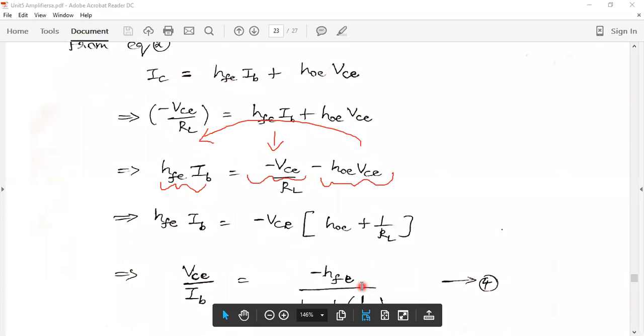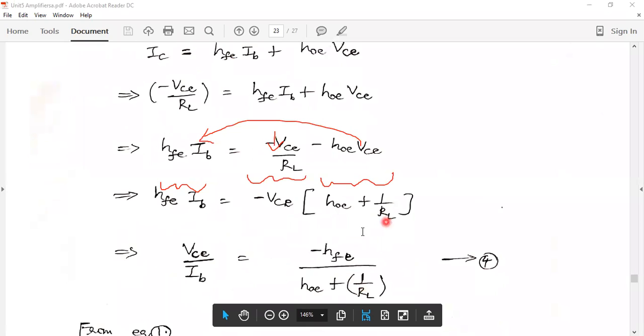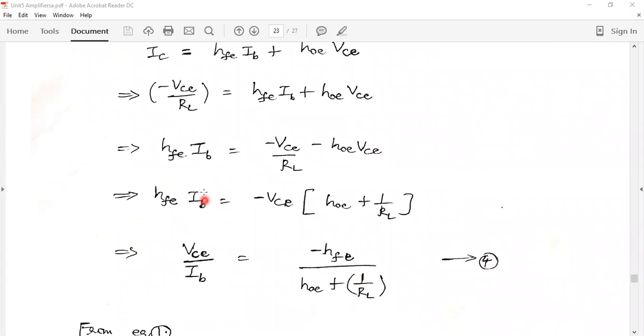Now for VCE by IB, these two terms are common. Therefore VCE by IB is equal to minus HFE by H0E plus 1 by RL.